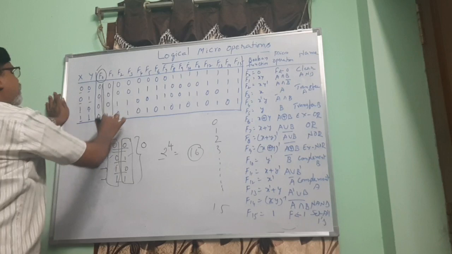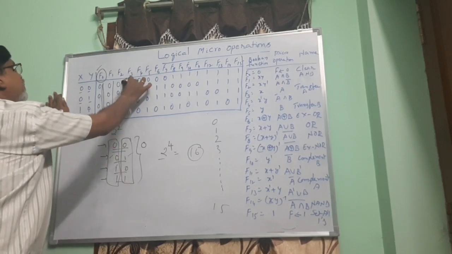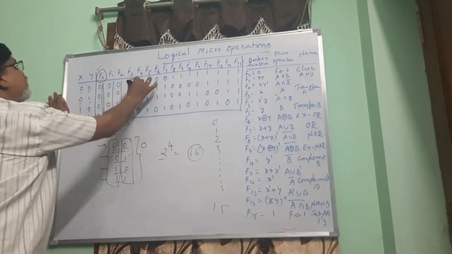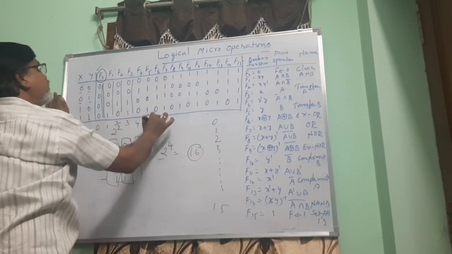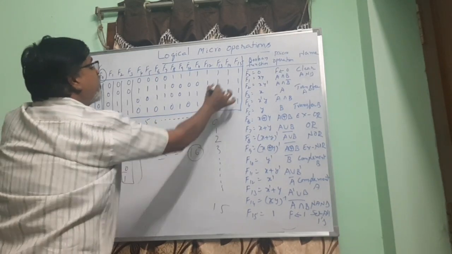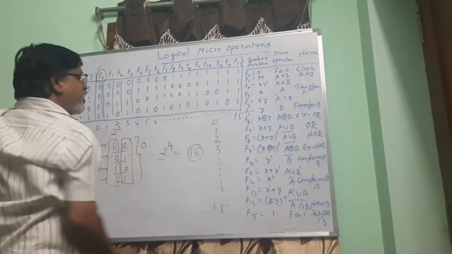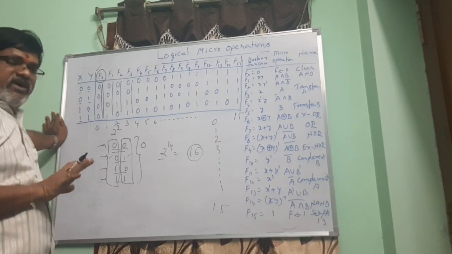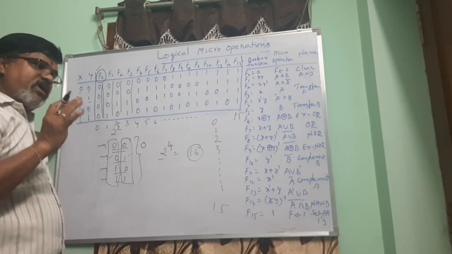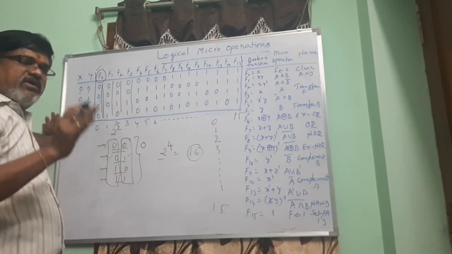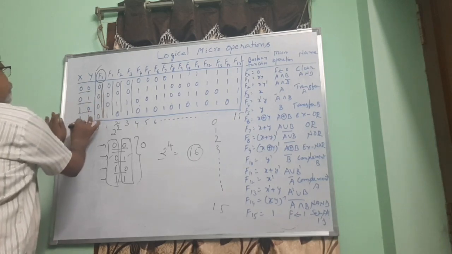0, 0, 0, 1 means 1. 0, 0, 1, 0 means 2. 0, 0, 1, 1 is 3. 0, 1, 0, 0 is 4, 0, 1, 0, 1 is 5, 0, 1, 1, 0 is 6, and so on. All ones is 15. So 0 to 15, total 16 Boolean functions we can get with these 2 input values.